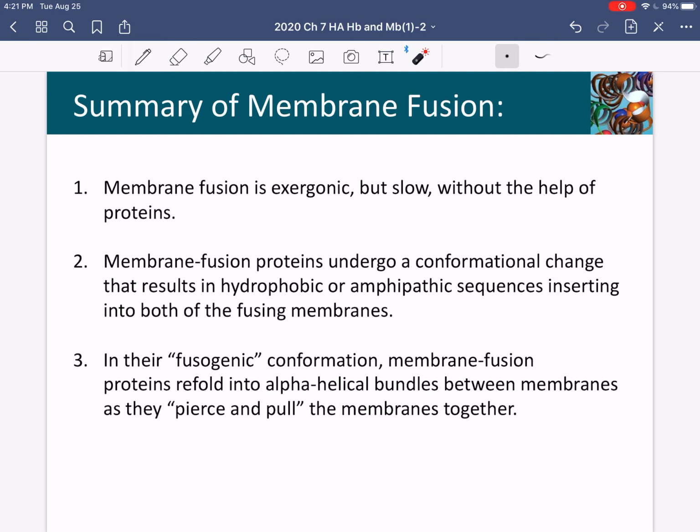And in that case, and in the case of viruses, the fusogenic conformation of membrane fusion proteins are these alpha helical bundles between membranes that pierce and pull the membranes together. They pierce by putting a membrane anchor into the host cell membrane, and they already have a membrane anchor in the viral membrane, and then they rearrange into those coiled coils that bend over, and that rearrangement is what actually pulls the membranes together.